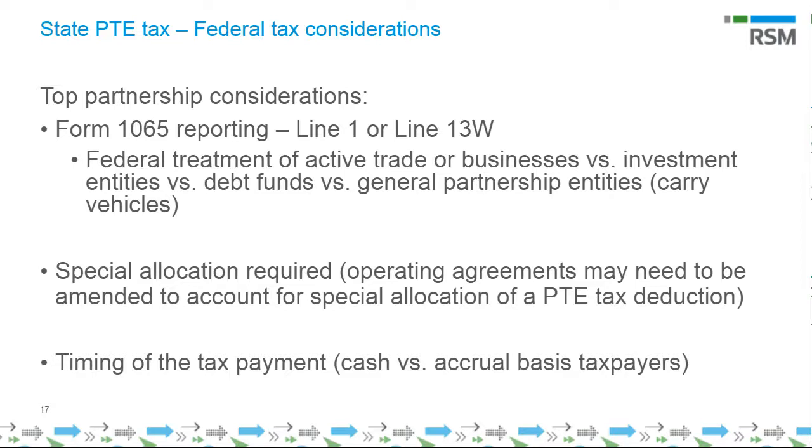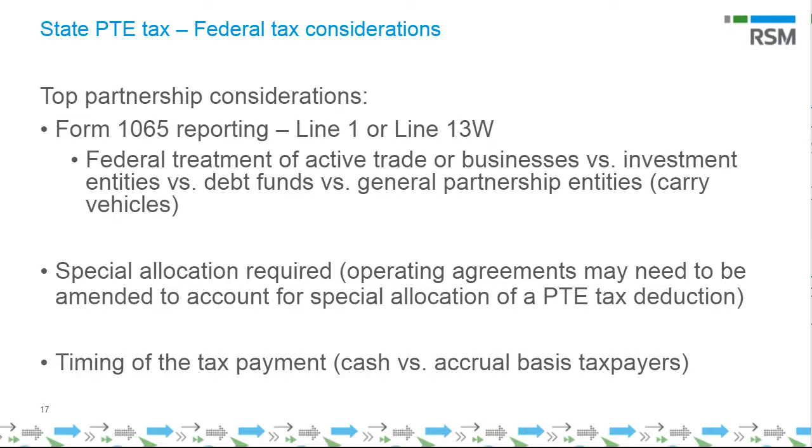Also, what needs to be considered is that for a liability to be deductible for an accrual basis taxpayer, it has to be a fixed liability. And many of these elections are not binding until the return is filed. So the question is, is it payment anyway because the entity doesn't have a fixed liability at the end of the taxable year, because so many of these elections are year by year and the tax isn't imposed on the entity until the election's made on that year's original return?